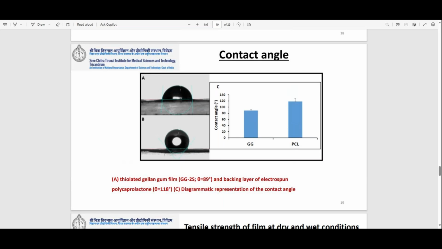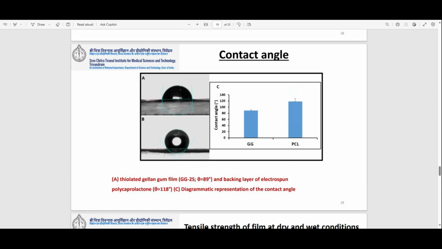As expected, because it's a polysaccharide, a gellan gum based system, and gellan gum is mostly hydrophilic, the sheets we developed by cross-linking with the cross-linking agent should also be hydrophilic in nature. We can see that the theta value is around 89 degrees. It's in the more hydrophilic region.